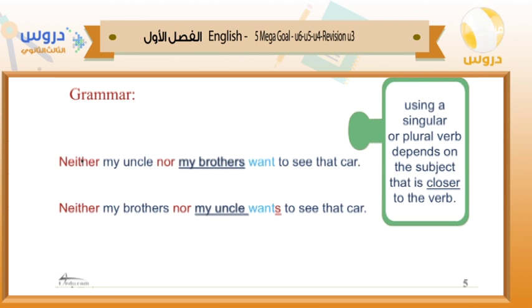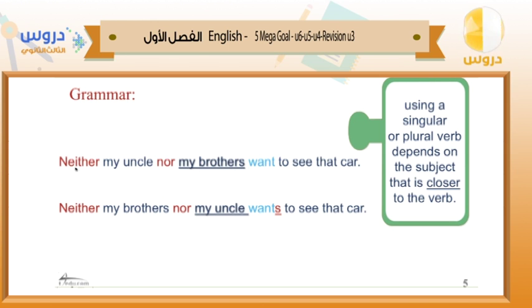For neither nor, or either or, how can we deal with these correlative conjunctions? Using a singular or plural verb depends on the subject that is closer to the verb. So with neither nor or either or, we have to focus on the closest subject, or closest noun, near the verb.